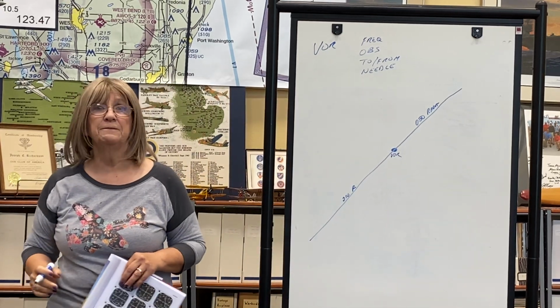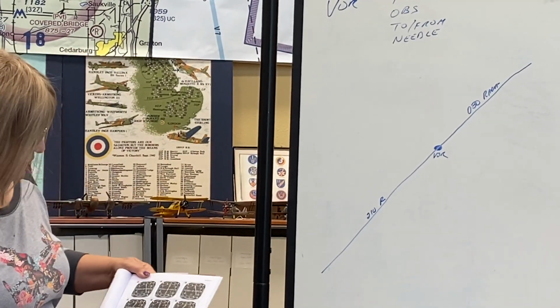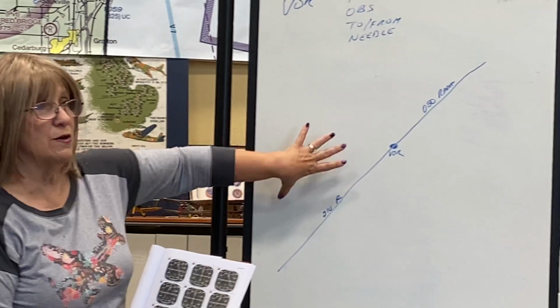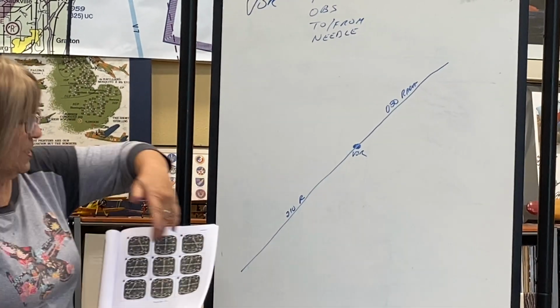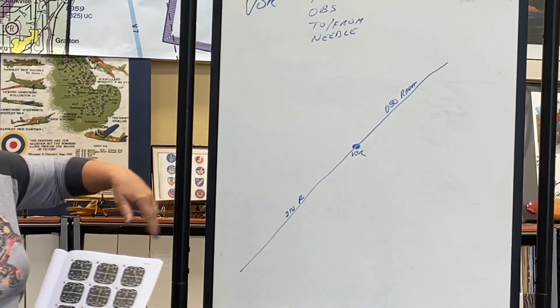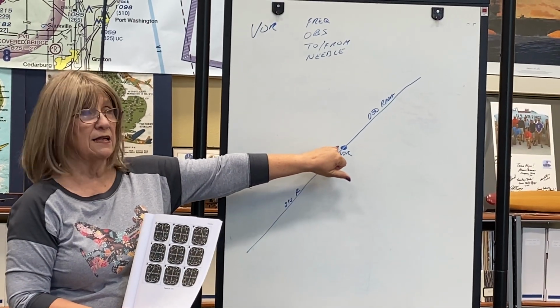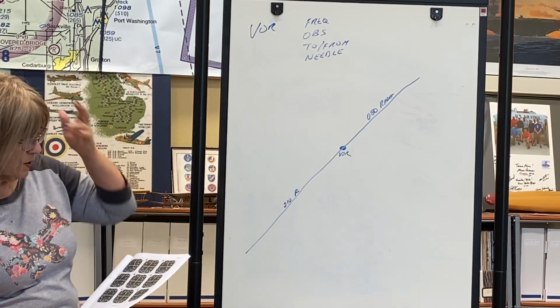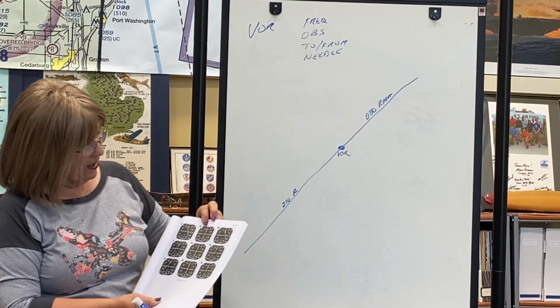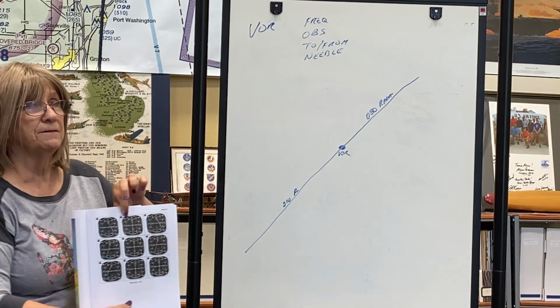Everybody with me so far? We're not looking at anything too complicated. You see where I got my line. All of these pictures are a reference to where an airplane is along that line on the VOR. So let's start with the simple ones. Number 2 here has a needle that's perfectly aligned.